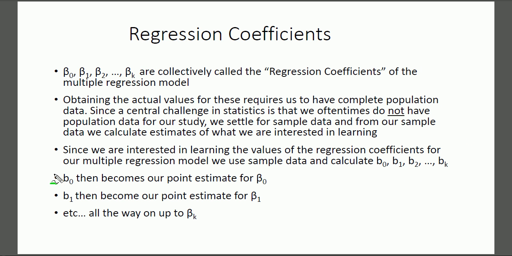B0 becomes our point estimate of beta 0, B1 becomes our point estimate of beta 1, B2 becomes our estimate of beta 2, all the way up to BK, which becomes the estimate of beta K. These we can actually get numbers and values for. These serve as what we wish we could know, or rather the targets of what we wish we could know.